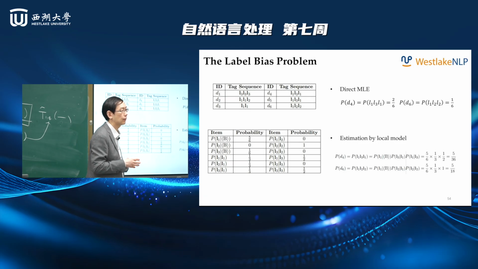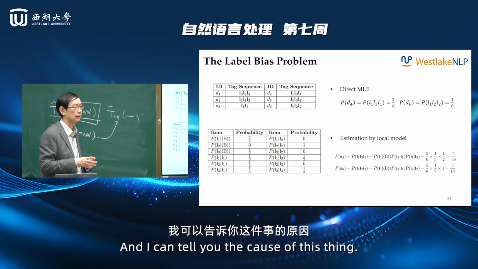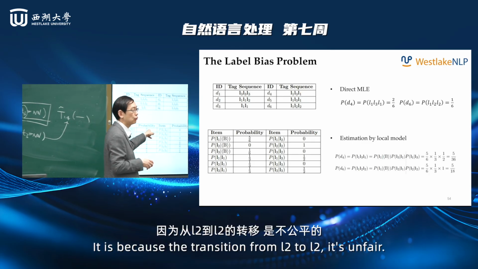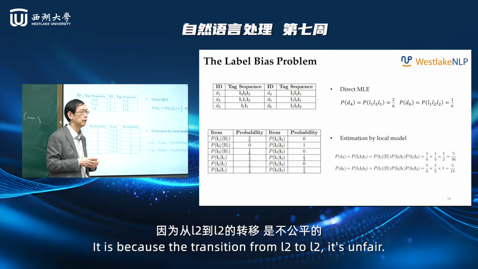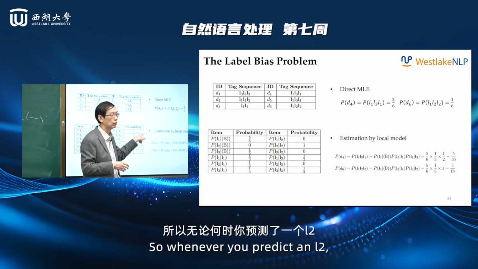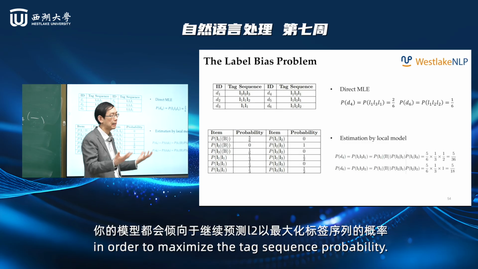Okay. And I can tell you the cause of this thing. It is because the transition from L2 to L2 is unfair. Whenever you predicted an L2, your model will tend to predict L2 to follow it in order to maximize the tag sequence probability.